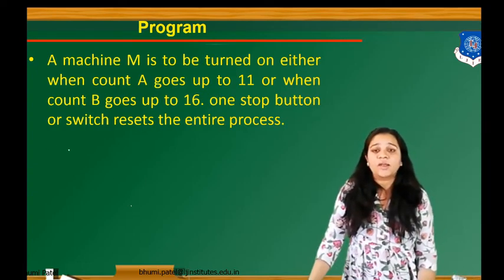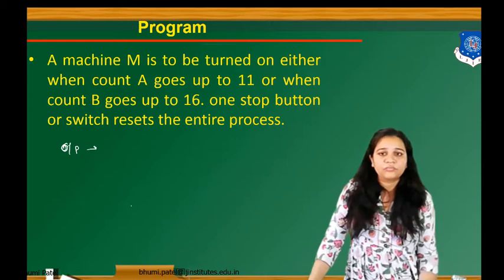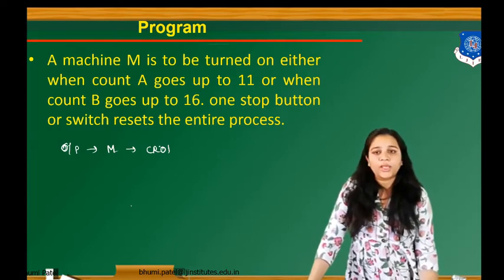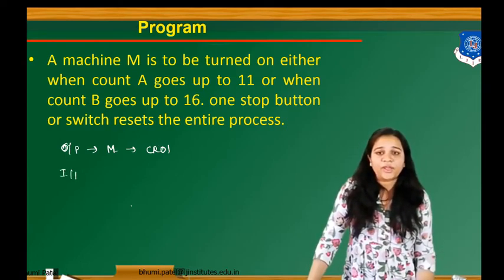First of all, a machine is to be turned on, that means our output device is machine M, and suppose the name of the output is CR01. Now we have to define the input.